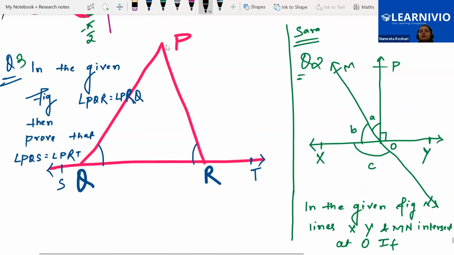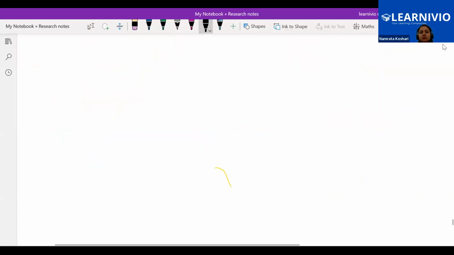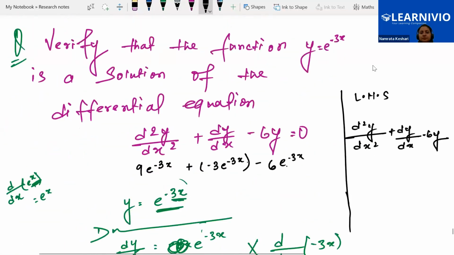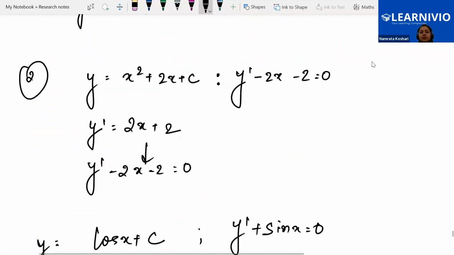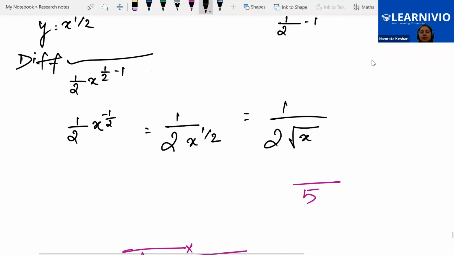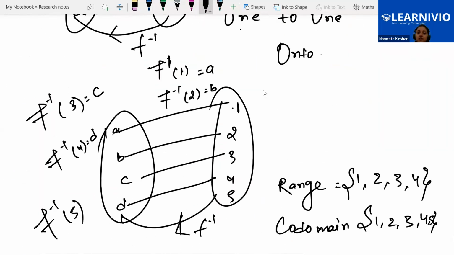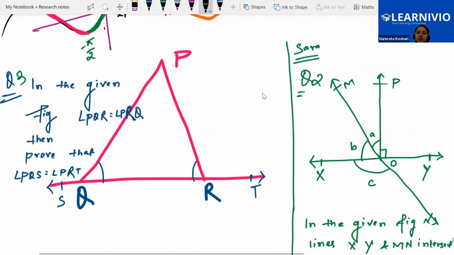Are you able to do it? Are you able to prove that PQS is equal to PRT? Sazia, Sara, Ayan, Farhan, Irshad. Anyone else is there?